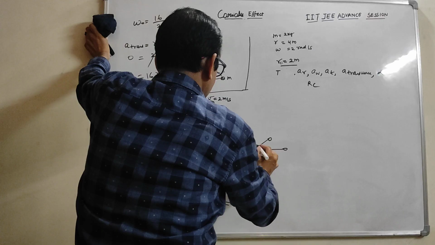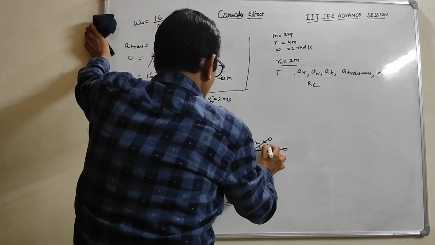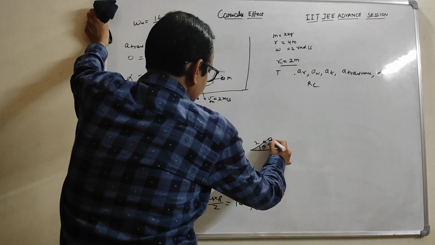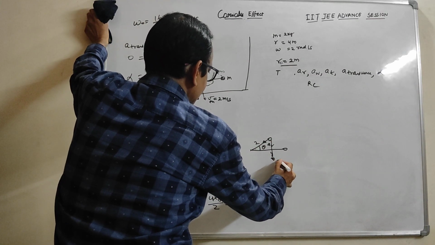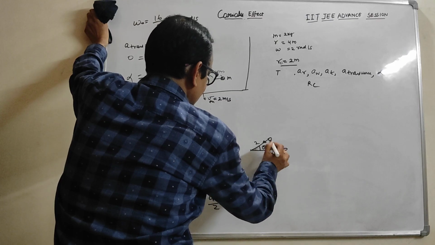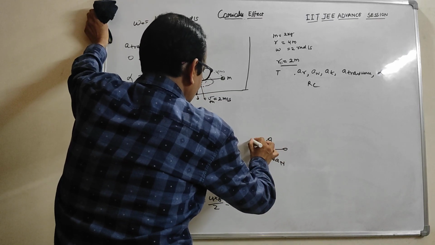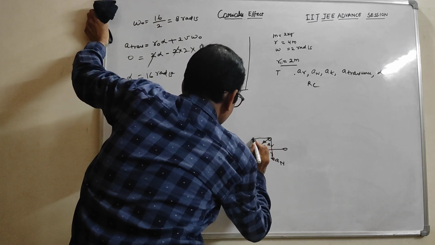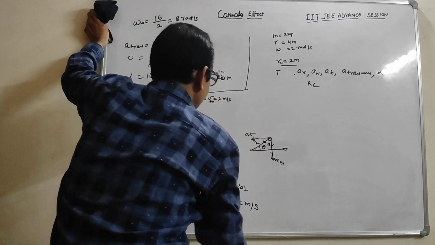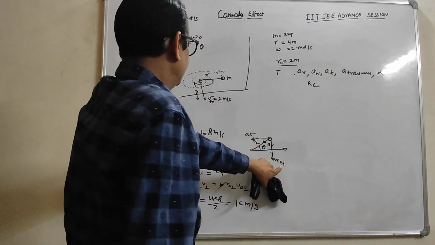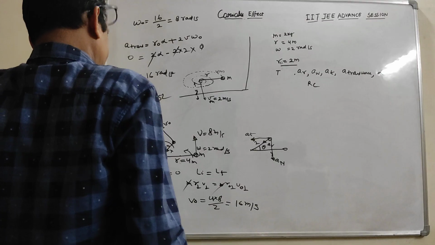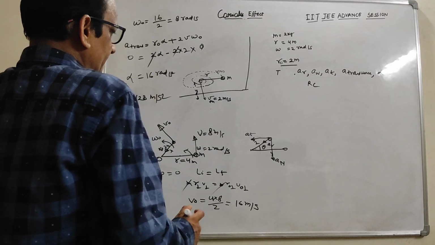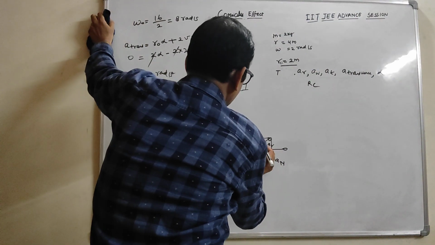This length is 4, this length is 2, and the centrifugal acceleration is acting in this direction. This is normal acceleration, normal to the mass, and this is tangential acceleration a_t. This is a_r.